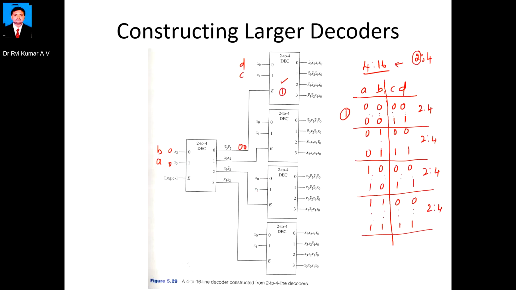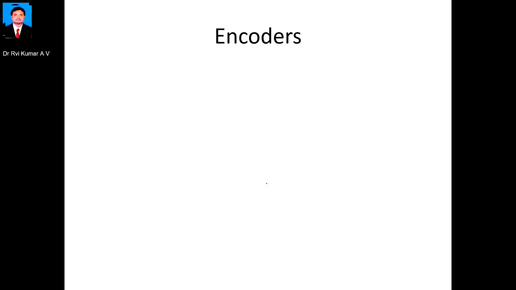Then next AB is 0 1, the second decoder is working. For 1 0, the third decoder has to be enabled, and for 1 1, the fourth decoder has to be enabled. So for the 4 input combinations, your 4:16 decoder has been realized. Thank you very much.